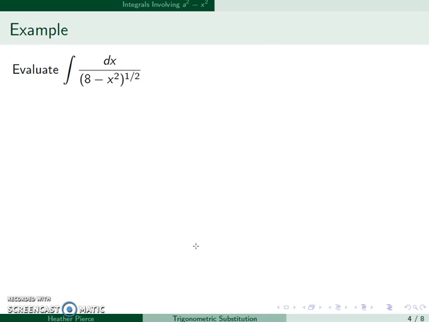Let's try another one. In this case, I'm going to let x be equal to, so we need a, sorry, this should not be an 8, let's make that a 9. A, which is going to be 3 sine theta, which makes dx equal to 3 cosine theta.